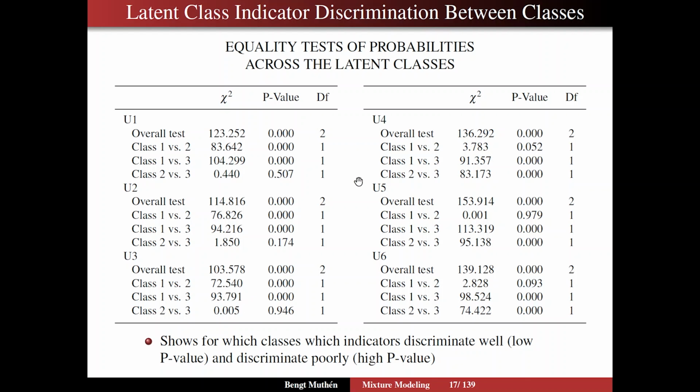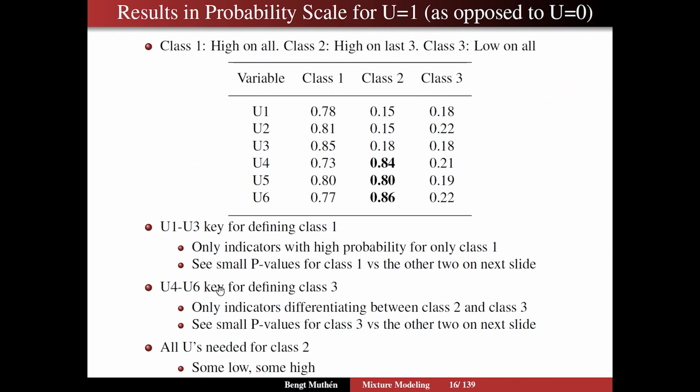Whereas for U4 through U6, it's actually class 3 versus the other two classes, 1 versus 3, 2 versus 3. They are 0 here, showing that they're the ones that discriminate class 3 from the other two. Just like we said, U4 through U6 are key for defining class 3.